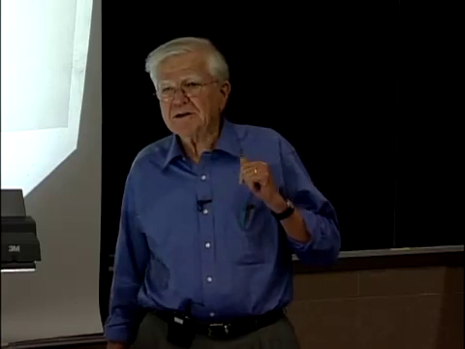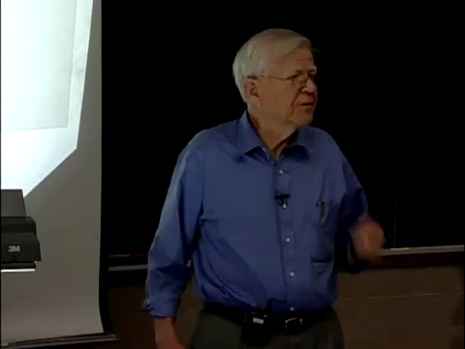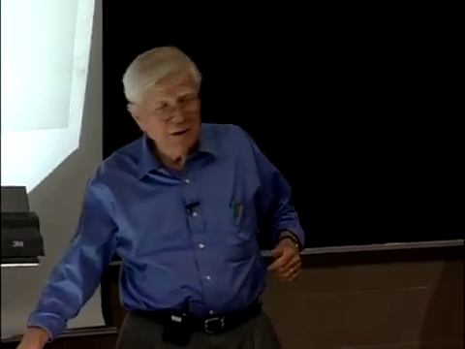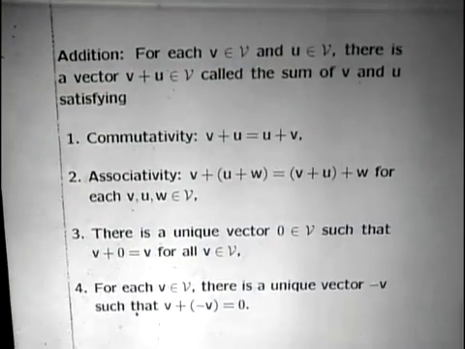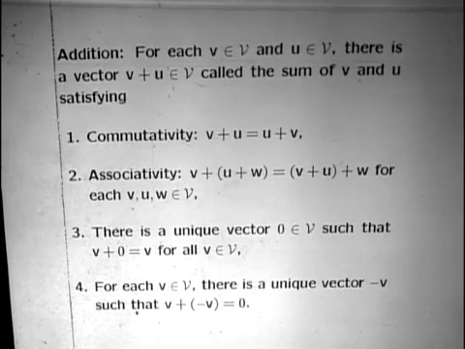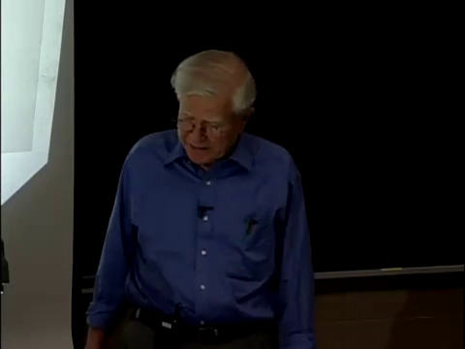There are lots of things which are true about n-dimensional vectors that aren't true about functions. And you want to be able to go back to these axioms when you have to and say, well, is this property we're looking at something which is a consequence of the axioms, namely, is this an inherent property of vector spaces, or is it in fact something else which is just because of the particular kind of thing we're looking at?